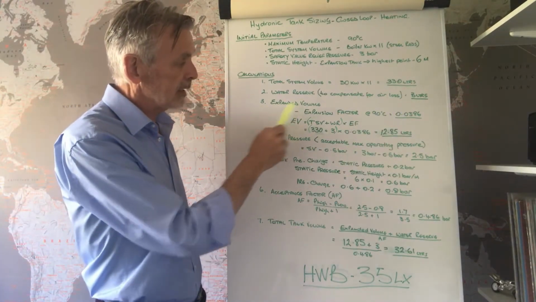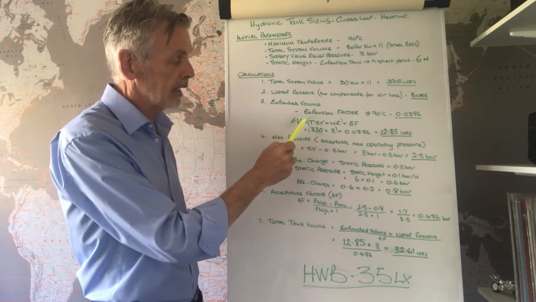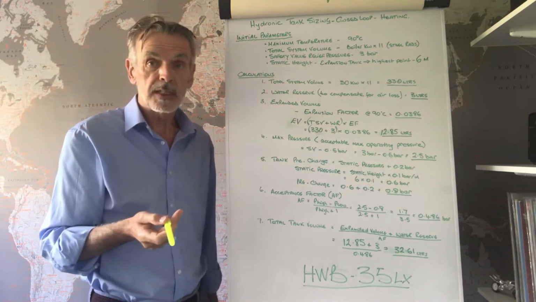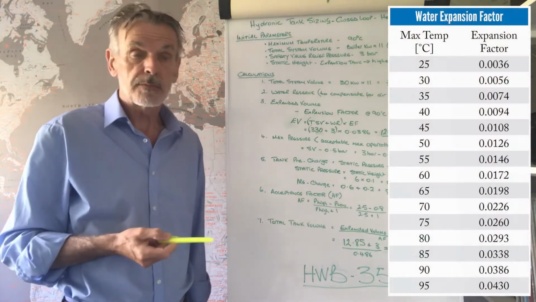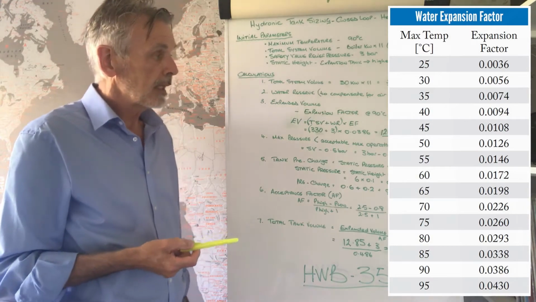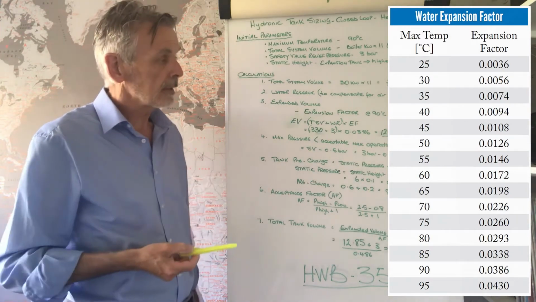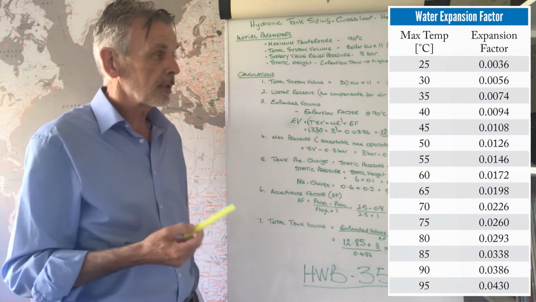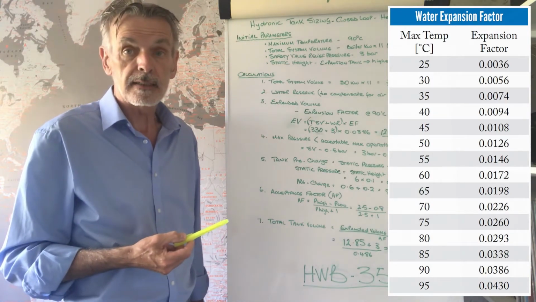Now we go on to the expanded volume. The expanded volume is a factor of the expansion factor, which is a chart lookup table, which is on the screen as we speak, and I'll just hold it there for a short period of time. So at 90 degrees centigrade you can see that the expansion factor will be 0.0386.